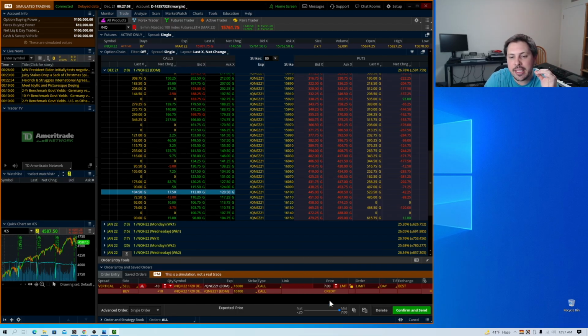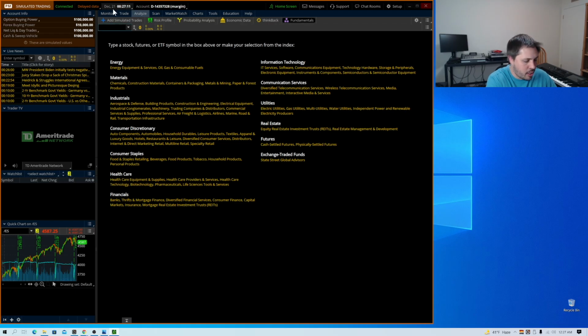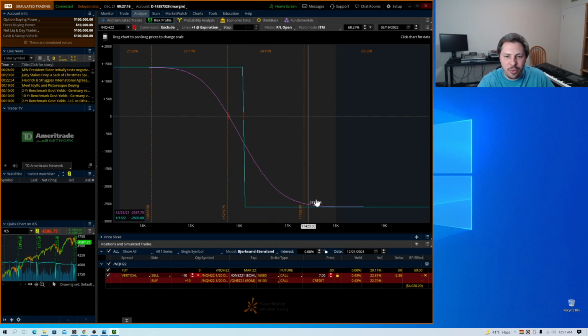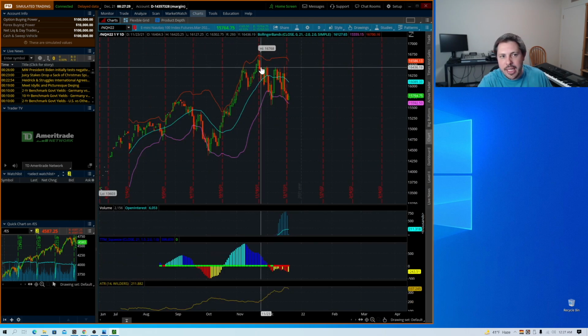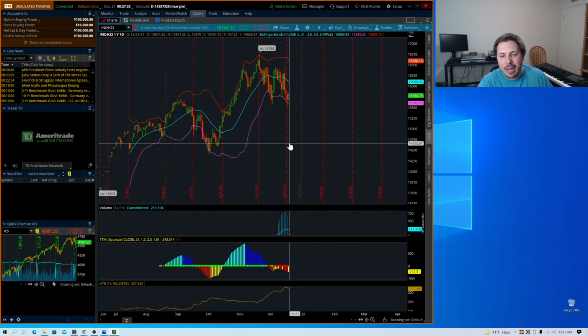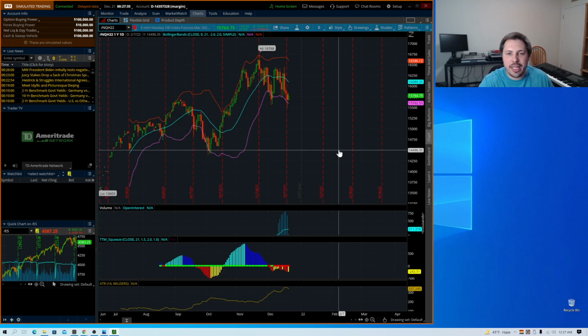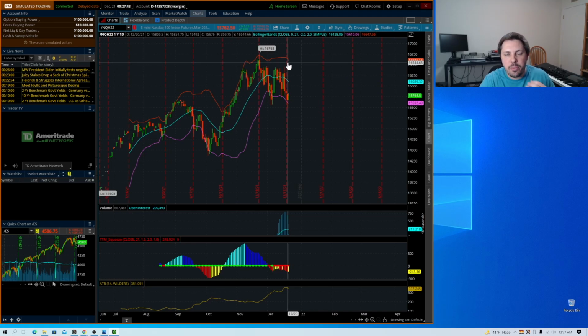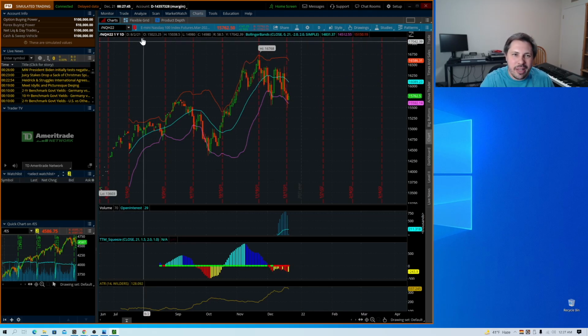So if I analyze this trade and we come in here and look at this NQ and this risk profile, this is why I love Thinkorswim, because it's really easy to experiment, look at numbers, and get a graphical representation. I'm just thinking outside the box, giving some examples of volatility and how I might look at a trade or situation and then formulate a trade that has a high probability of winning.